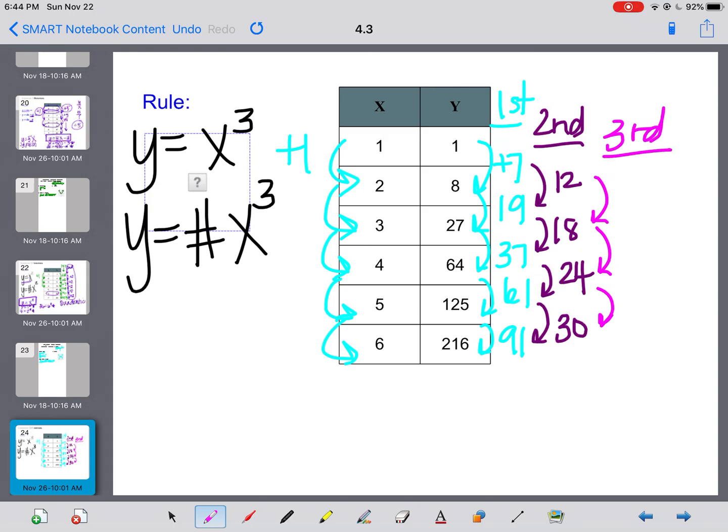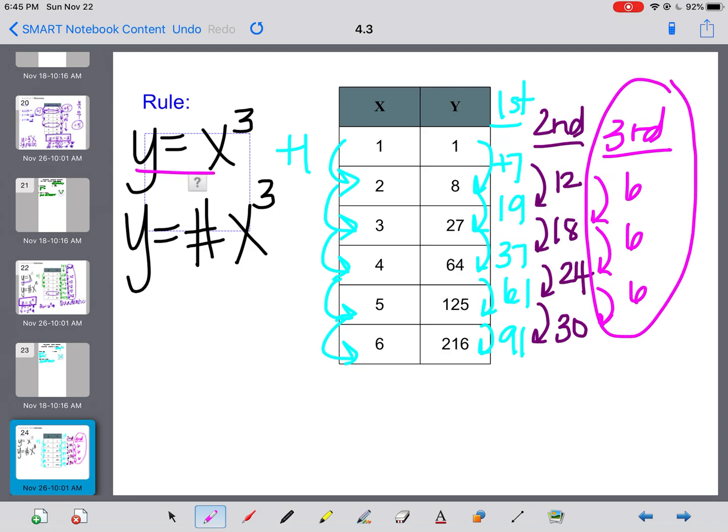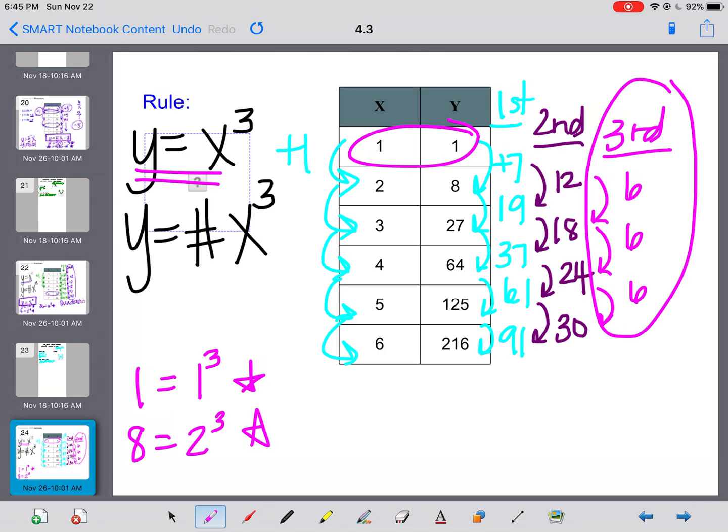Okay, so we know it's not even the second difference, so it's not quadratic. And we're going to try the third difference. 12 to 18 is 6. 18 to 24 is 6. And 24 to 30 is 6. Okay, so third difference tells me that I'm going to have a cubic equation, a cubic function. And we're going to start out just by trying y equals x to the third.